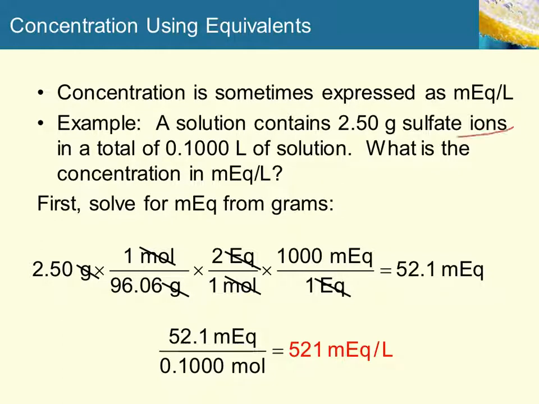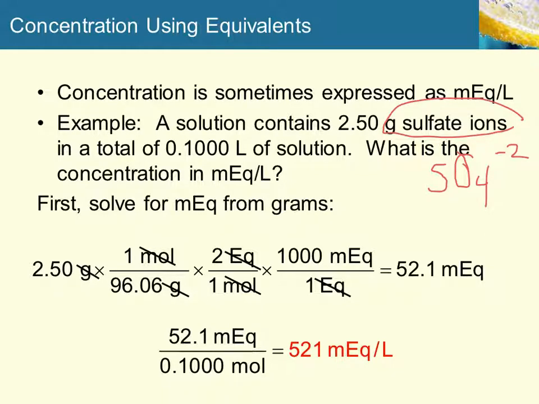Well, how do I know what sulfate ions are? I can go to table E, and on table E it tells me SO4 minus 2. So I've got 1 sulfur at 32, and then I've got 4 oxygens at 16.